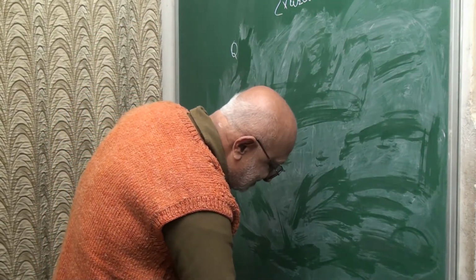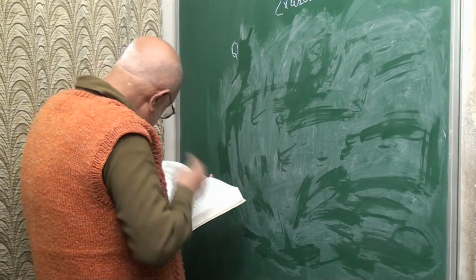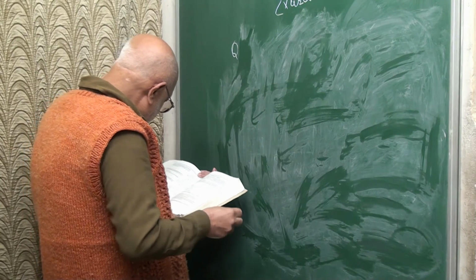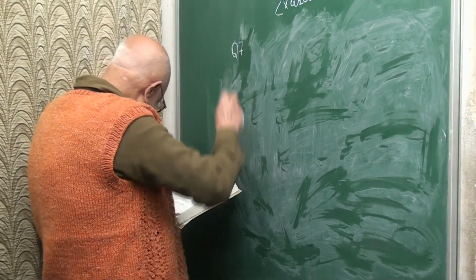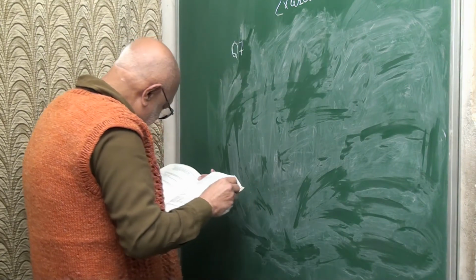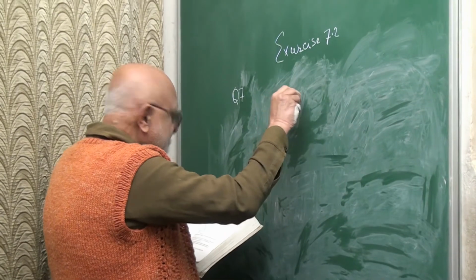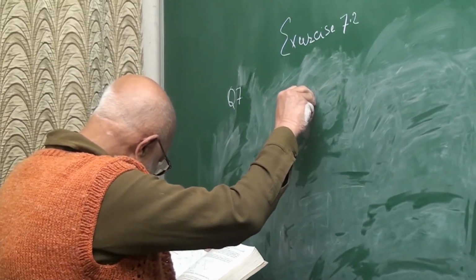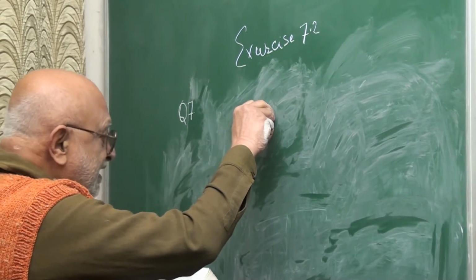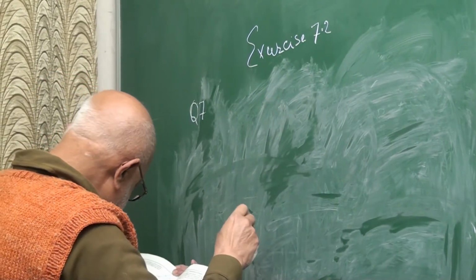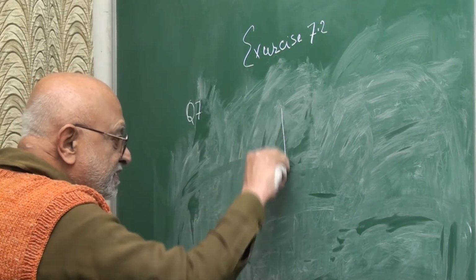Now, that was question number 6. This is question number 7. It says ABC is a right angle triangle in which angle A is equal to 90. So let us do it.